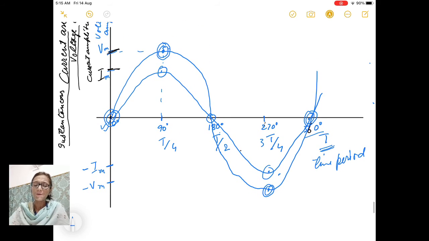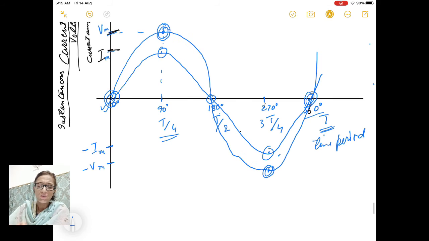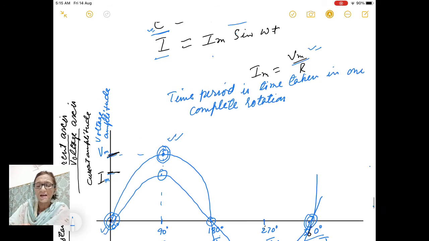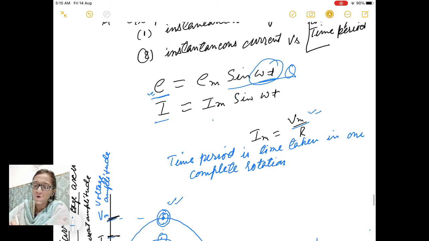Here you can see that at the time the current becomes 0, voltage also becomes 0. At the time T by 4, when voltage becomes highest, current also becomes highest. So you can say that the two quantities are in phase. This angle is called phase. So the two angles are the same in the two equations.